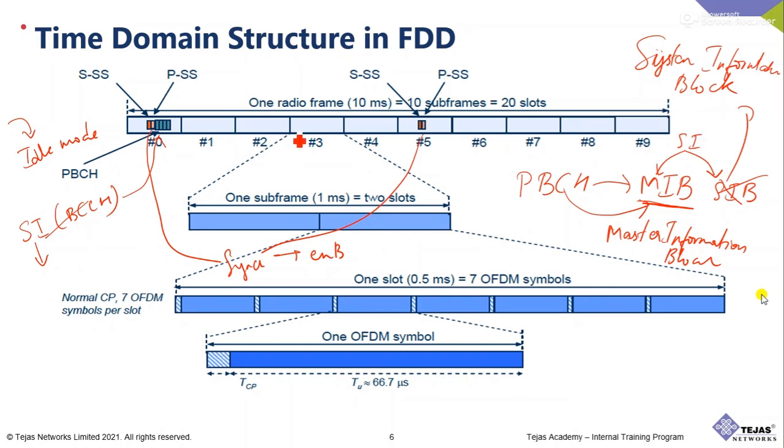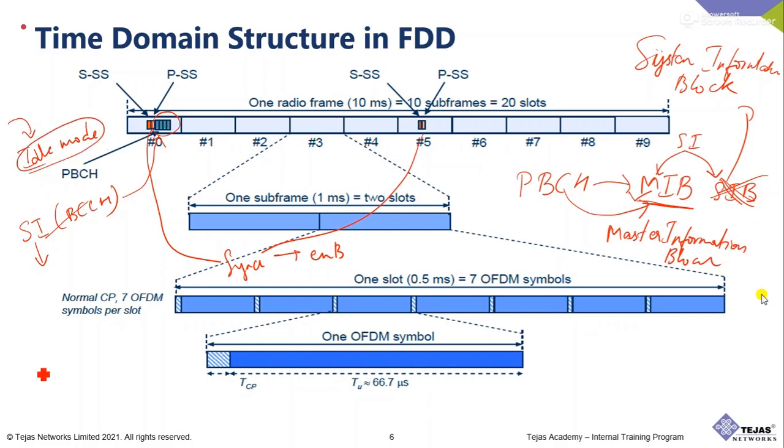But just to make you understand PBCH, I'm mentioning this. Now, forget about SIB, I'll come to it a little later. Let's concentrate on MIB. MIB means the critical information required for the mobile to get into idle mode.